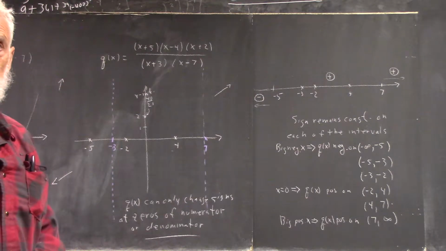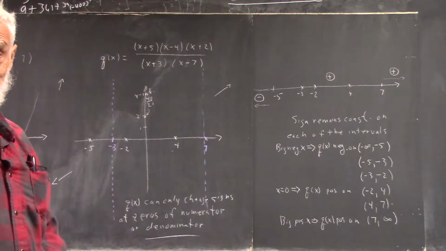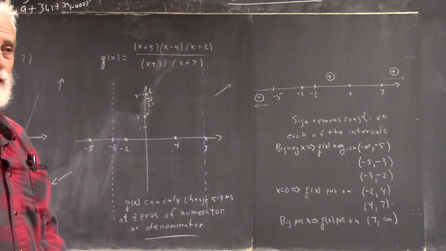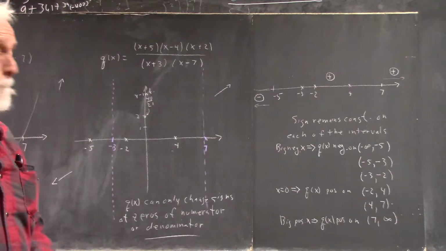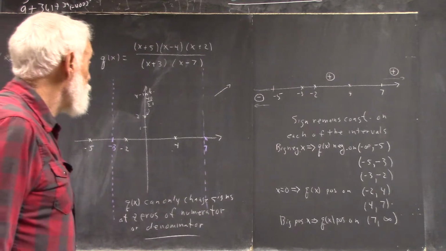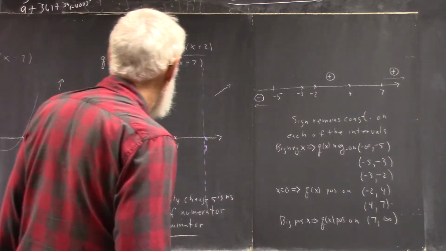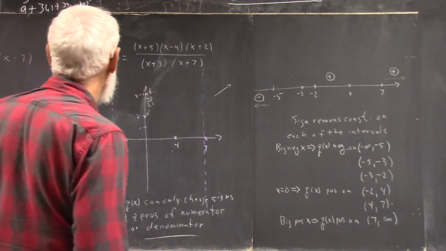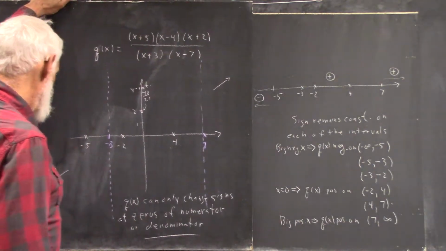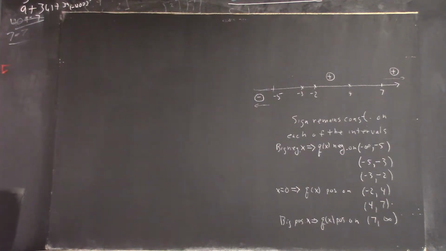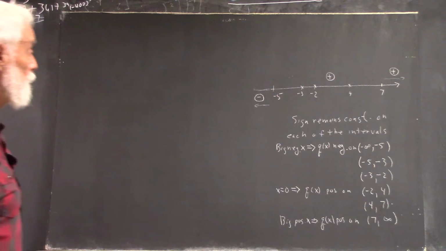I would pick a number between -5 and -3, and see what the value is, see whether it's positive or negative, right? Okay? So, we'll put this down for a minute. A little more space. And bring it back because we're going to sketch the graph, okay?